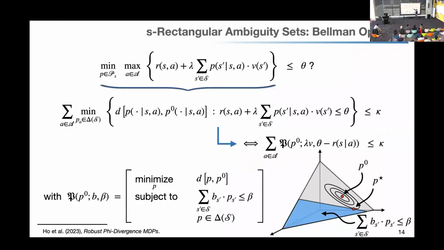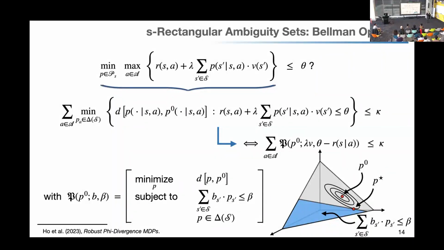This inner minimization problem, I think of it as a generalized projection. It asks us to project the center of our ambiguity set P0 onto the intersection of a probability simplex and one linear inequality constraint. And the projection happens with respect to whichever divergence we choose.